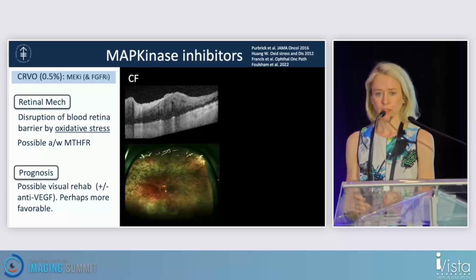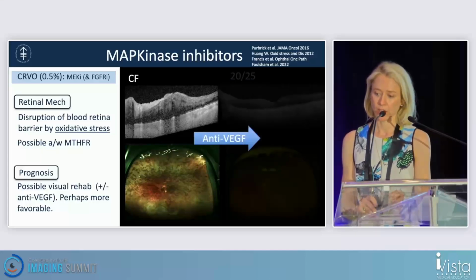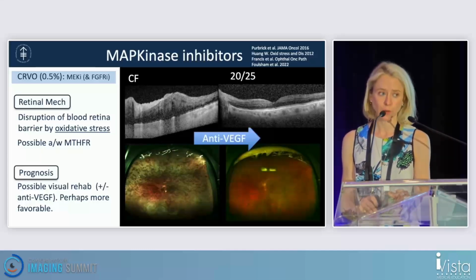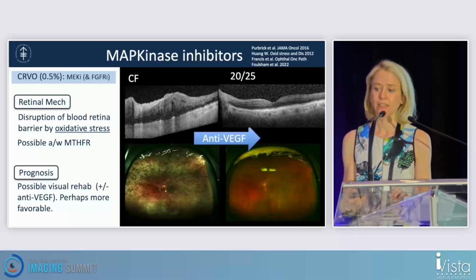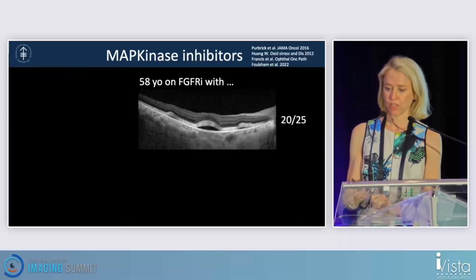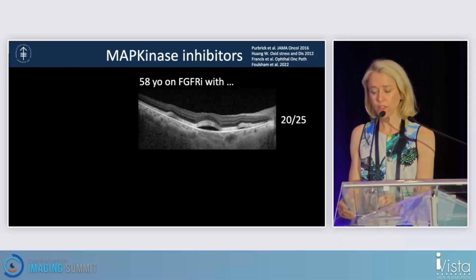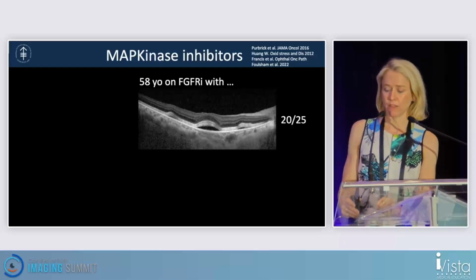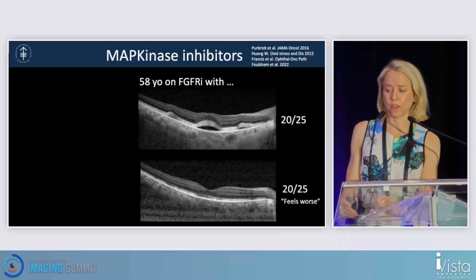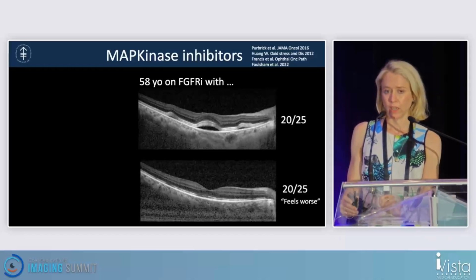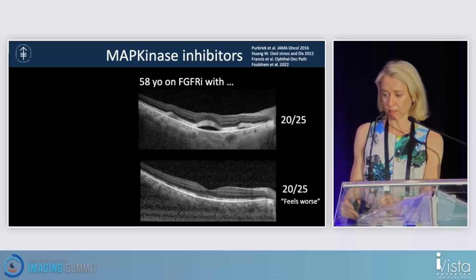Just a reminder that vein occlusions can occur. The visual outcome with these drugs tends to be better than other reasons for having vein occlusion. Here's an example of a 58-year-old man who's on an FGFR inhibitor. He's got 20/25 vision with that fluid. He comes back about 10 days later. The fluid is improved.